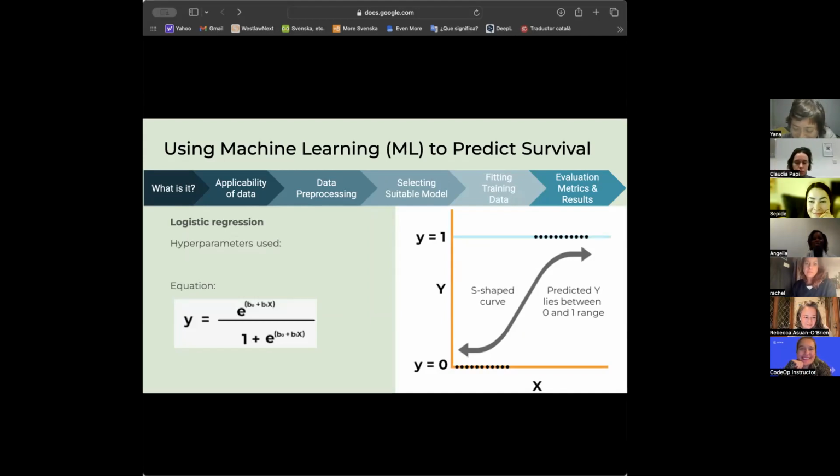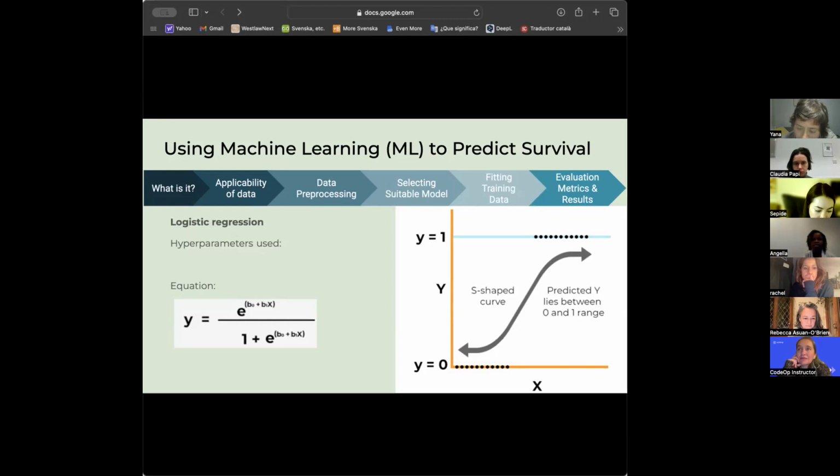And so logistic regression usually has 2 outcomes. In our case, it had 2 outcomes: either the sample is alive or it is dead. So I took dead to be 0 and alive to be 1. Logistic regression works in the way that you have, in our case, binary, just 2 outcomes, either 0 or 1, and then tries to fit an S-curve over the samples.